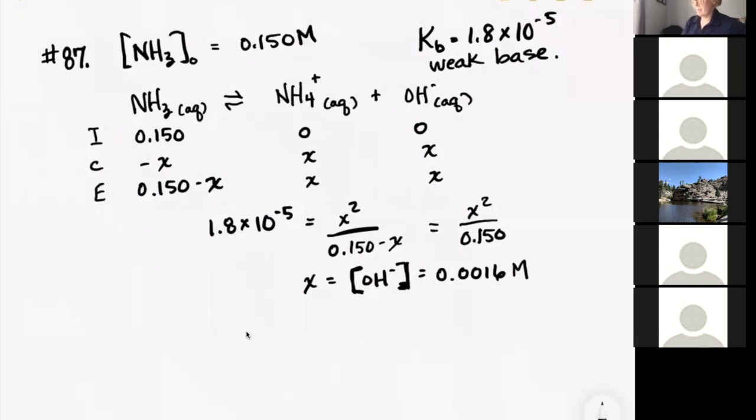So this is the concentration of the hydroxide. Notice that, well, we can test it, right, to see if it's appropriate. It comes out to be about 1.1%. So our assumption is okay.